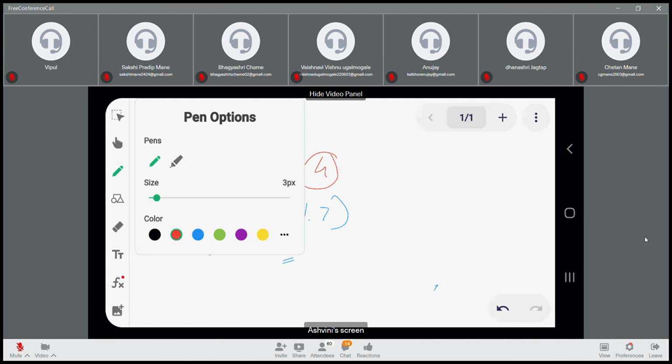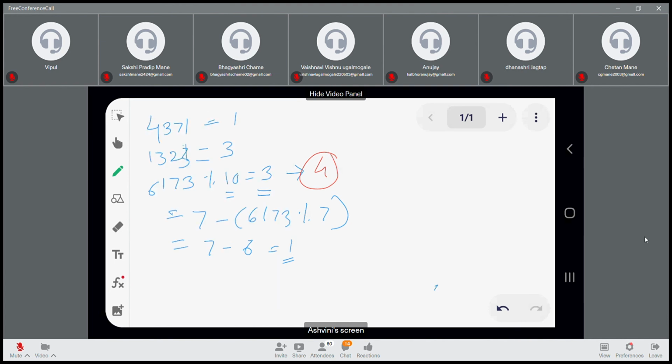4344. You need to place that at index 4, but index 4 is not empty, so again apply the second hash function. So 7 minus 4344 mod 7.